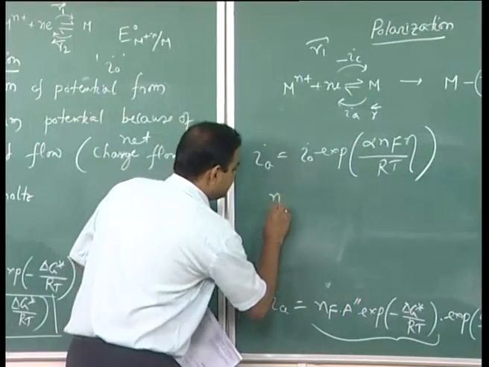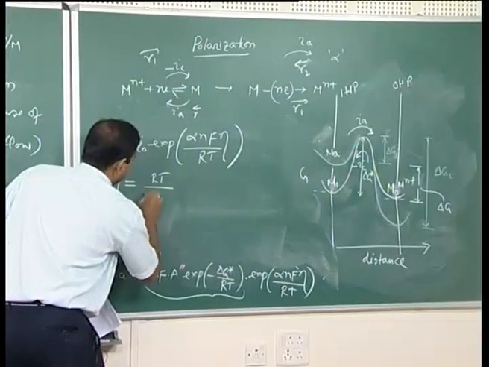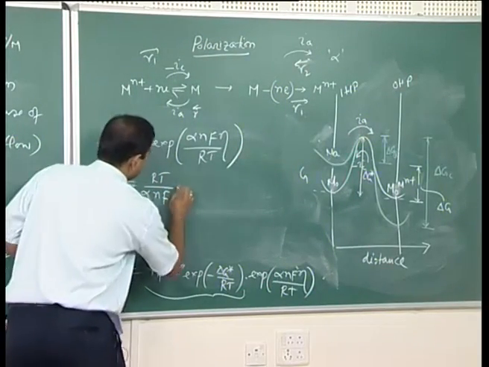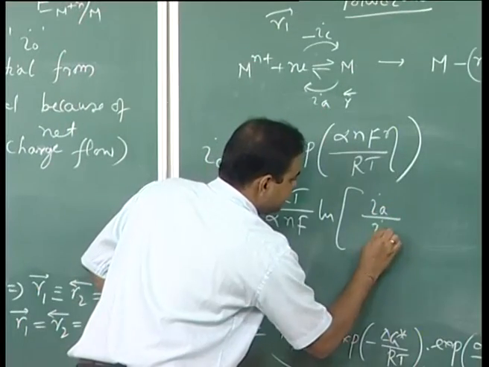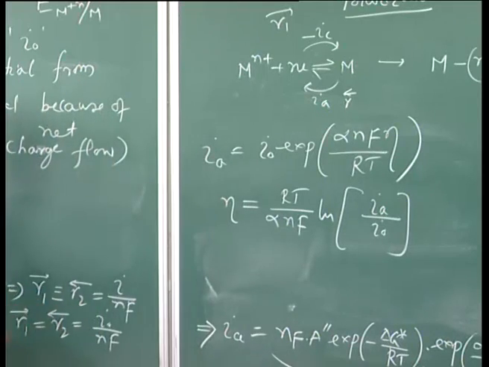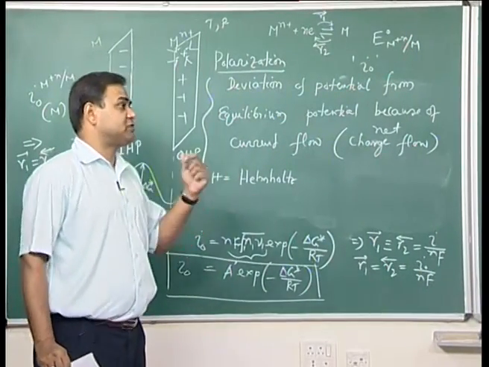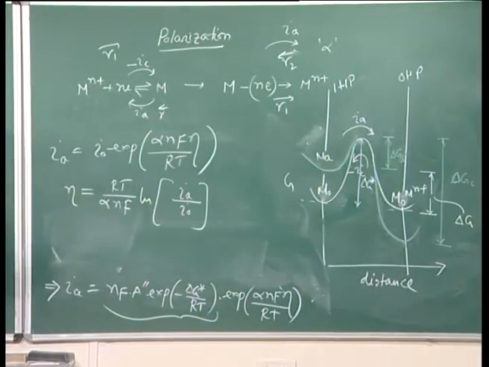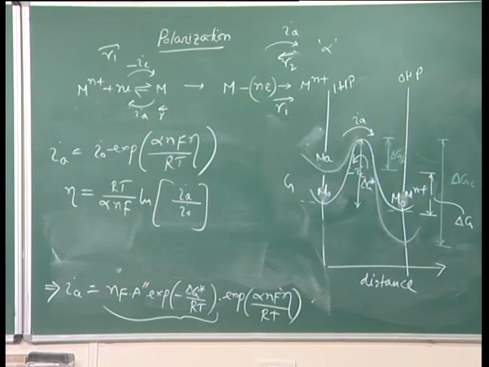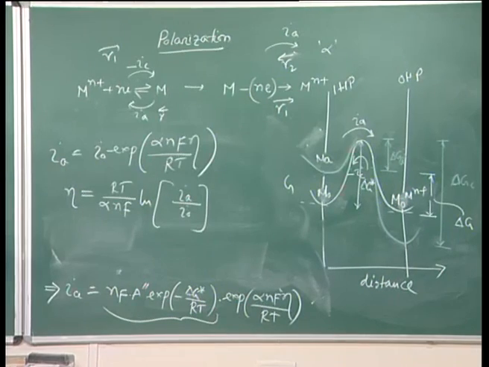So, I can write eta equal to RT by alpha n F ln I A by I 0. So, I can have the amount of polarization or overvoltage for the anodic process if I know the current density, and the current density can be easily found out experimentally.